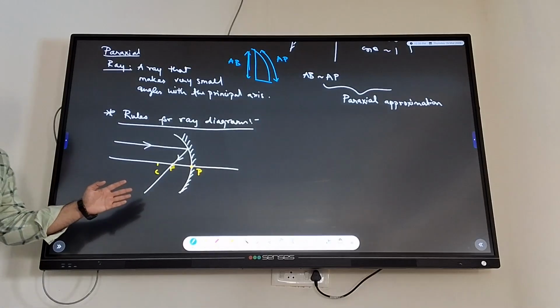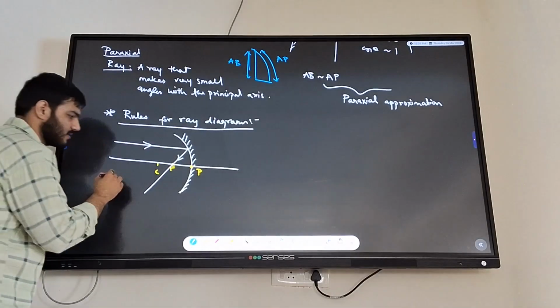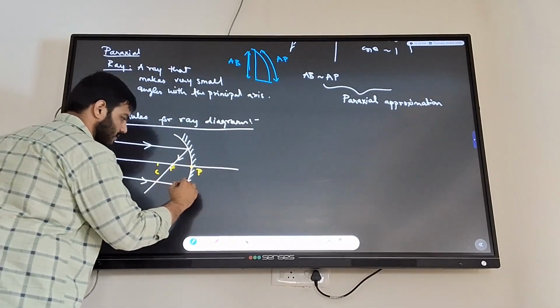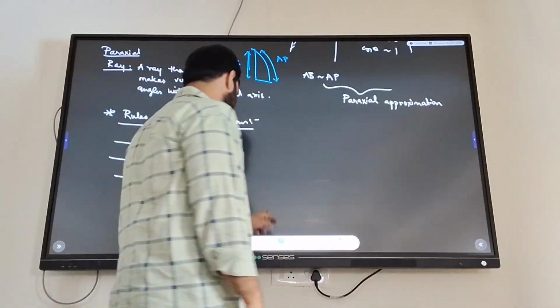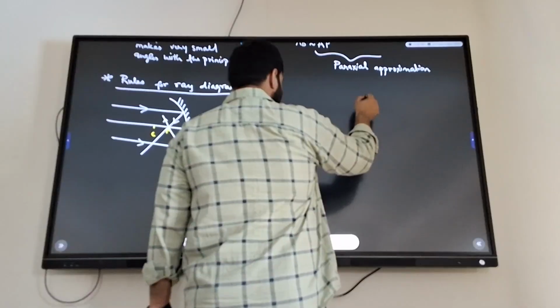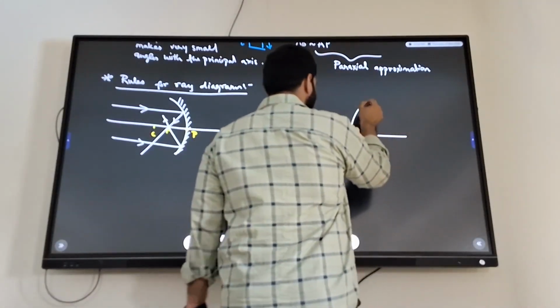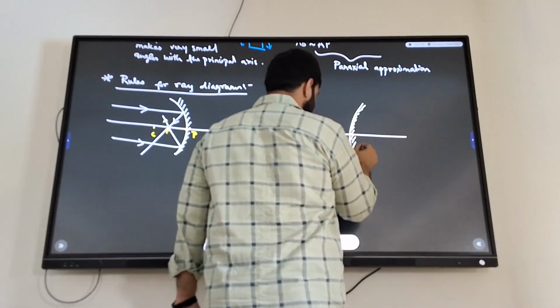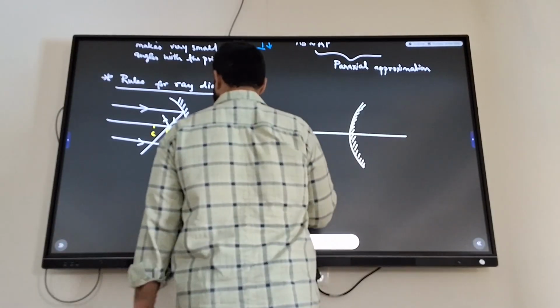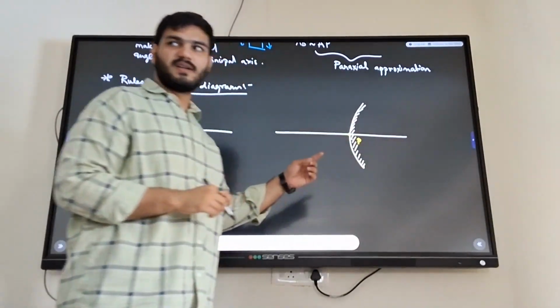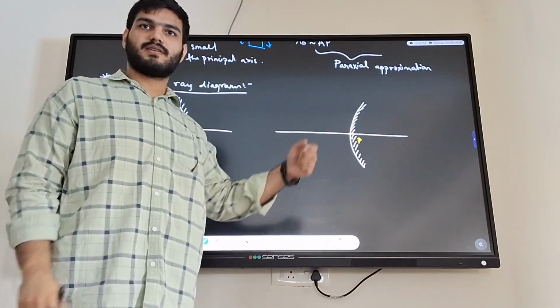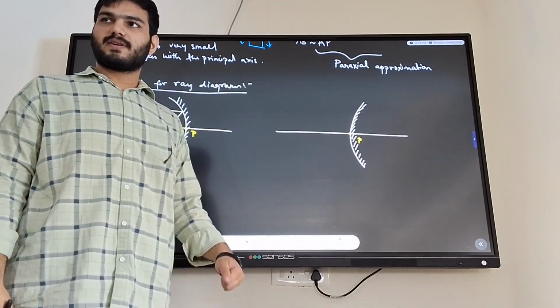Is this diagram complete? Correct? Where should I put my center of curvature? Left or right? Right.